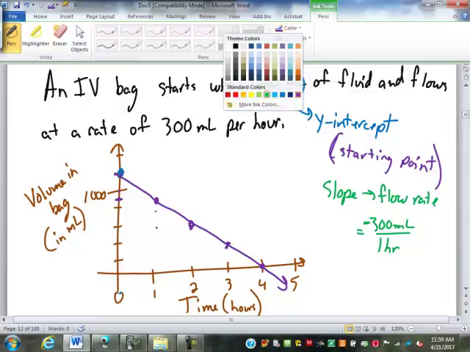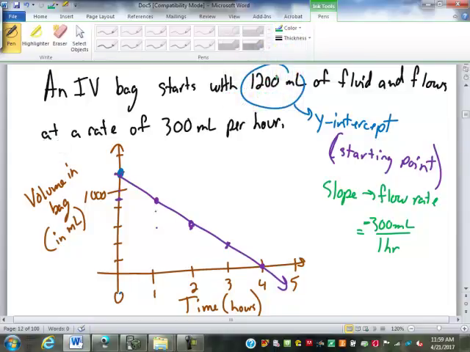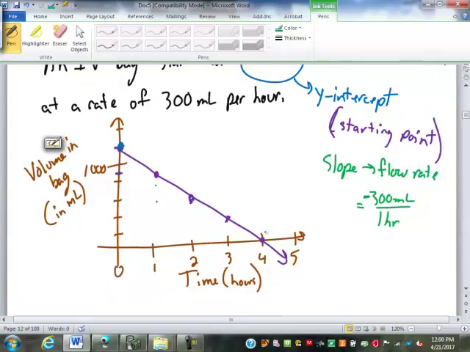So what this graph shows us is the volume of fluid left in that IV bag as a function of time. We can see from the graph, if we did it carefully, that bag should be empty at 4 hours. And at any point along the time of that, we can figure out how much is in the bag.